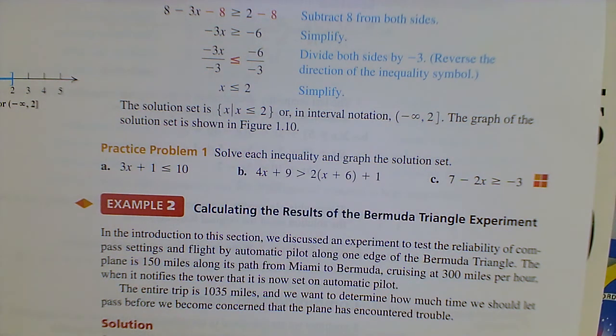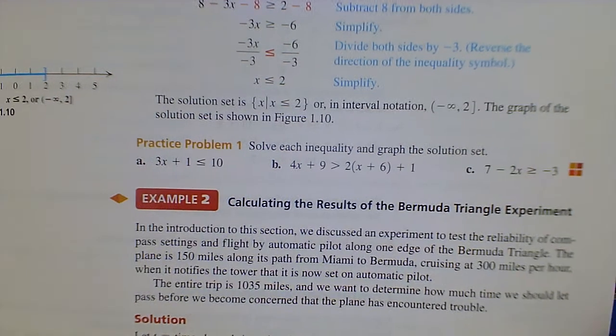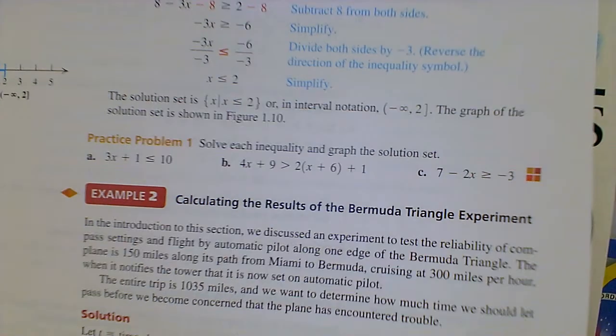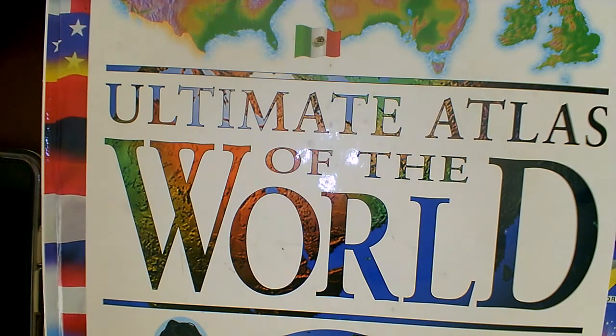The entire trip is 1,035 miles, and we want to determine how much time we should let pass before we become concerned that the plane encountered some sort of trouble. If you need to read that again, just rewind the video.